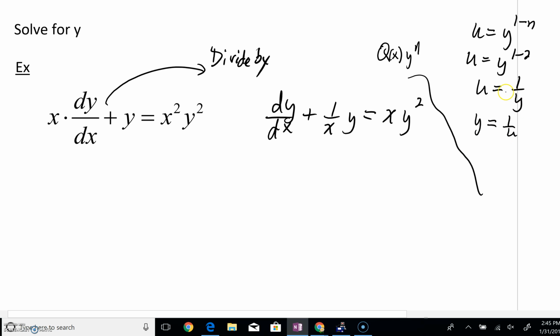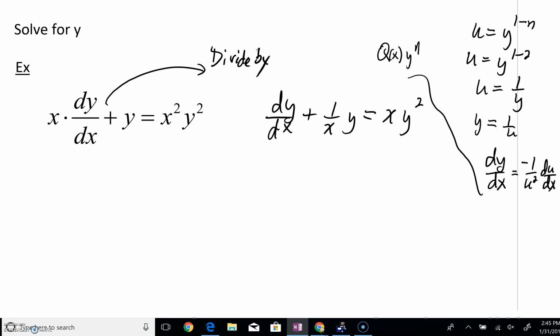Another way to think about it, if u is the reciprocal of y, y is the reciprocal of u. Then I'm going to take a dy dx, and the derivative of 1 over u is negative 1 over u squared du dx. We're assuming that our u is a function of x in this problem.